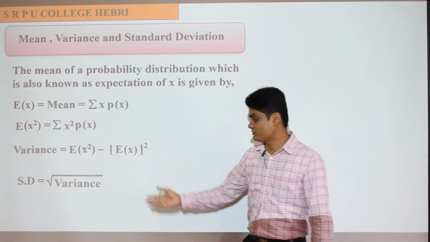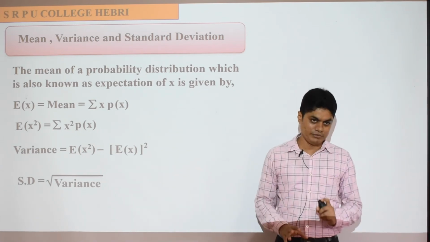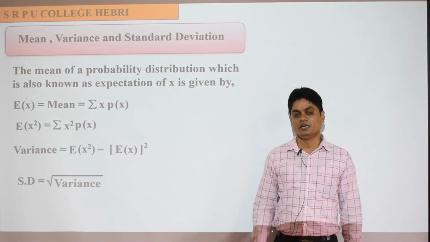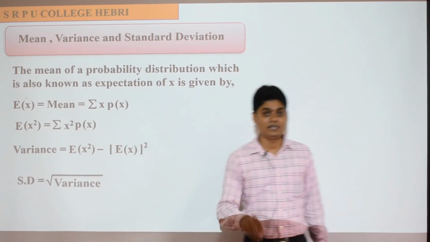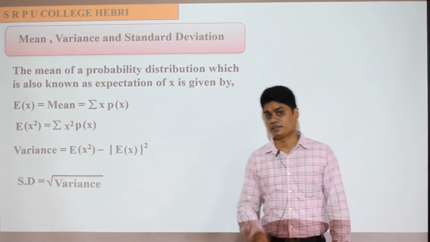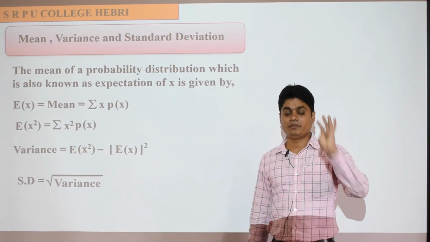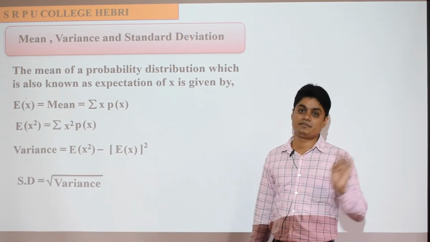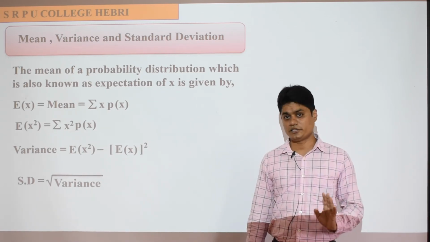Once you get the variance, take the square root of it and you will get the standard deviation. So remember the formulas, and the problem part will be very simple. This is not very important, but from the entrance exam point of view you need to remember all this. I will explain again in the problems, nothing to worry. Everything, random variable, probability distribution, as well as mean, variance and standard deviation, I will explain in the problem part. Understood what I am telling?